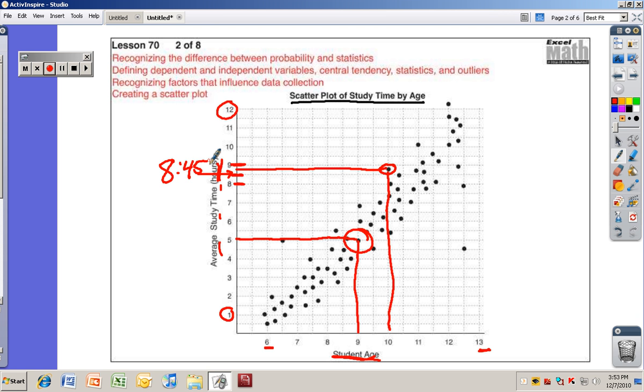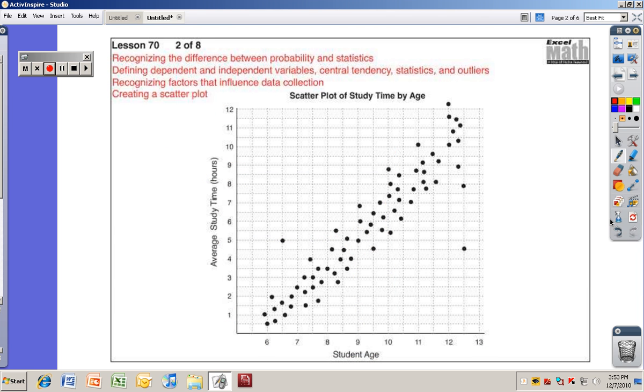So this single student right here that's 10 years old studied for an average of 8 hours and 45 minutes per week. Okay, so this is a scatter plot, and each one of these dots represents a different person that he asked how much time they studied.